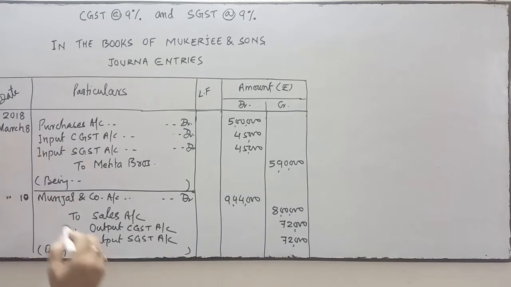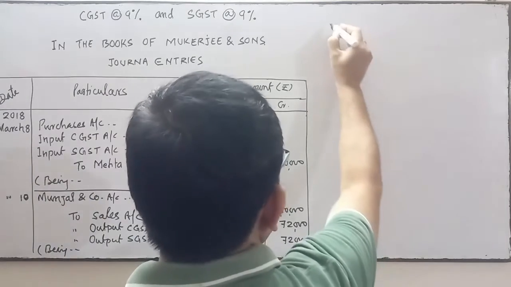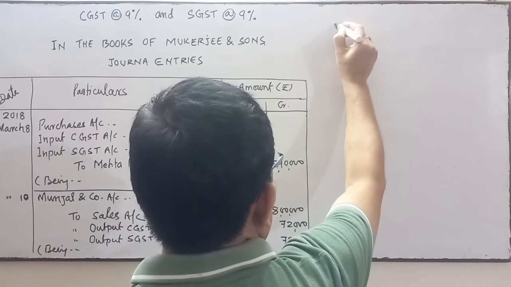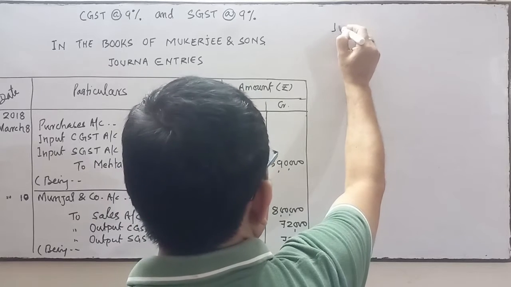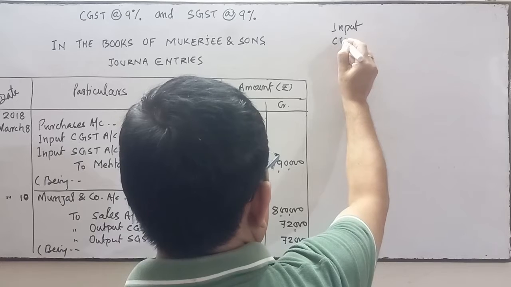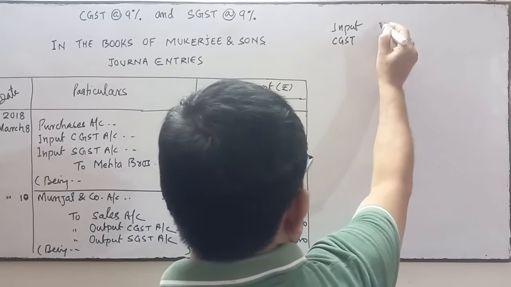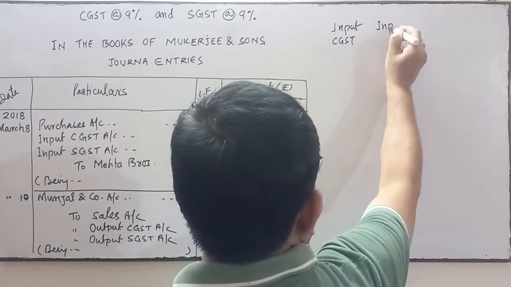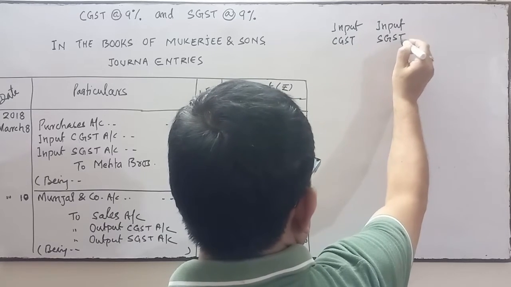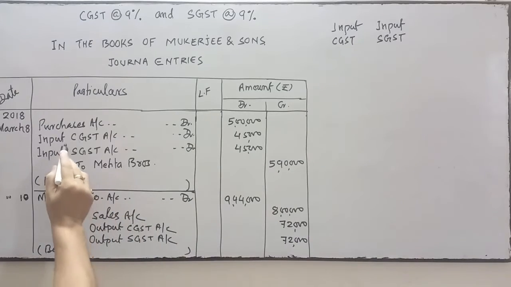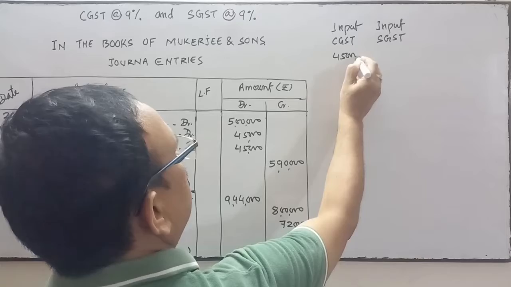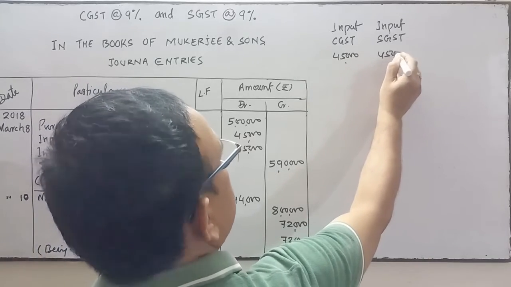So till now, you see the input CGST and input SGST are 45,000 and 45,000 respectively.